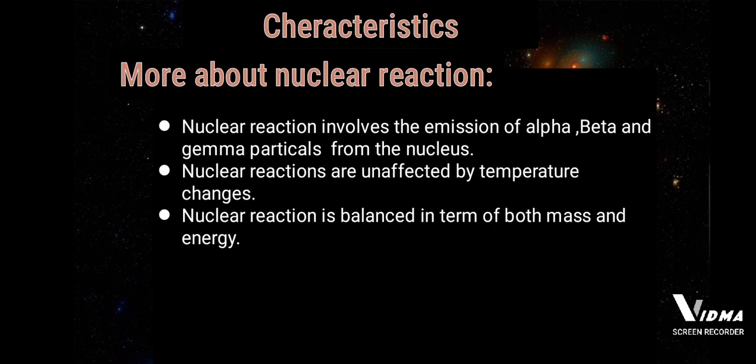A nuclear reaction involves the emission of alpha, beta, and gamma particles from the nucleus. Nuclear reactions are unaffected by temperature changes. And the last one is that nuclear reactions are balanced in terms of both mass and energy.